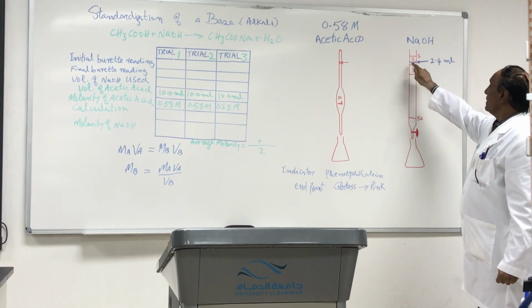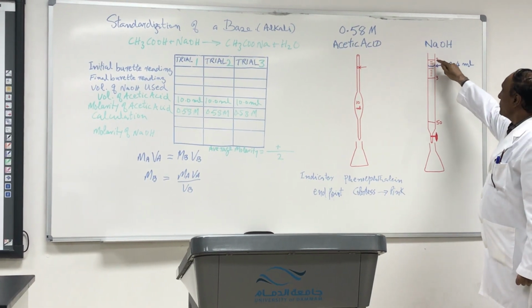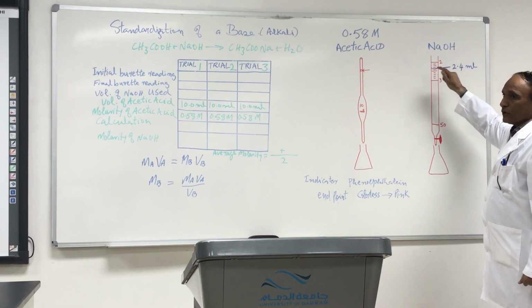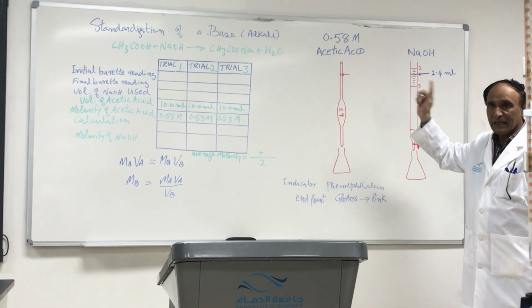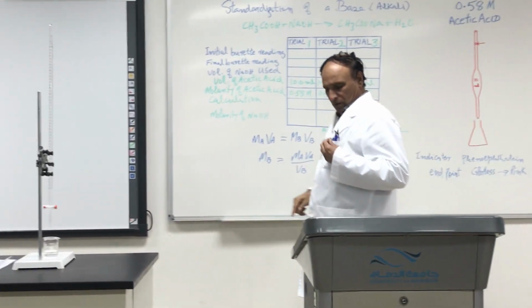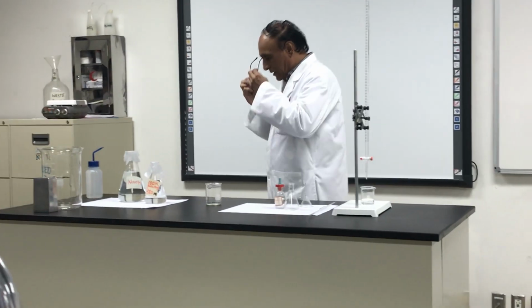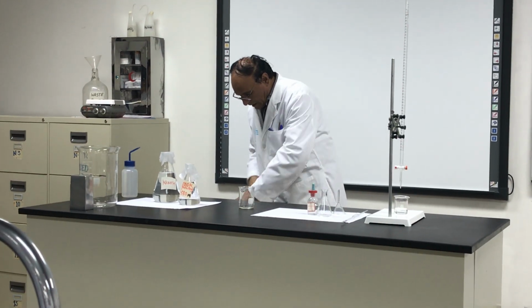So look over here, what is the reading? 2.4. 2, 1, 2, 3, 4. So the reading is 2.4. Did you understand?